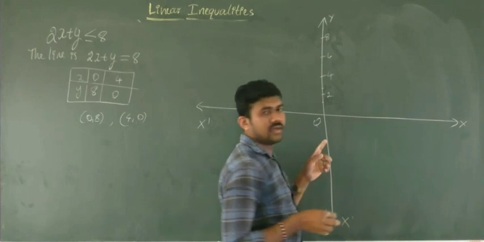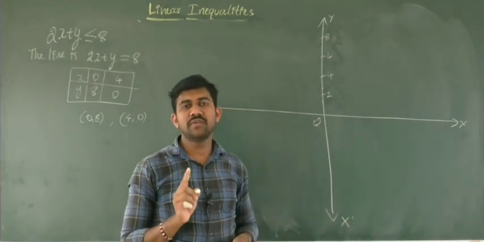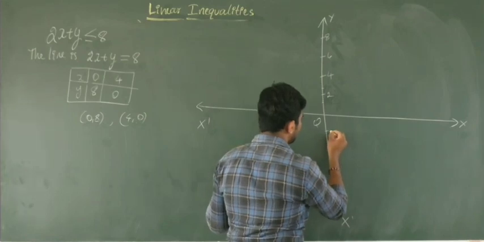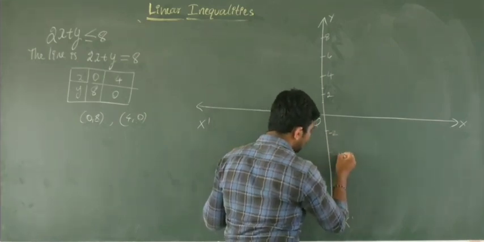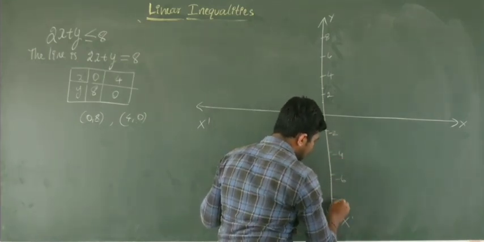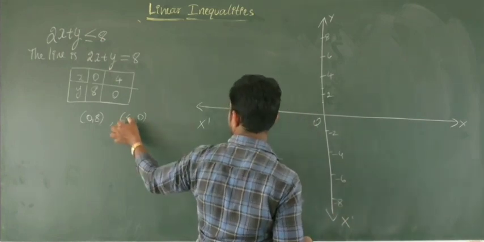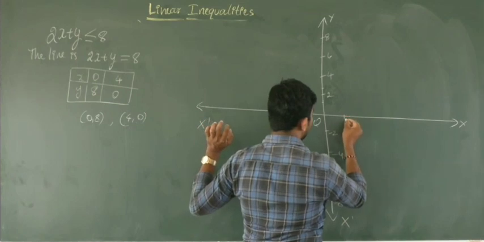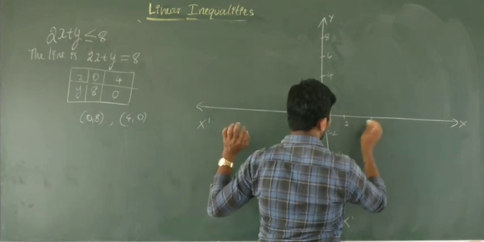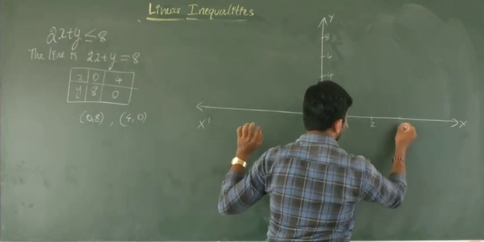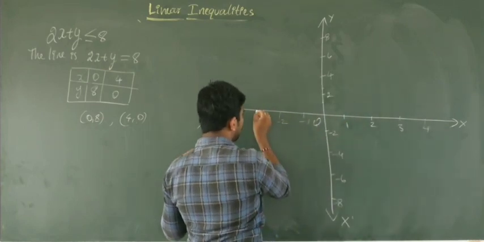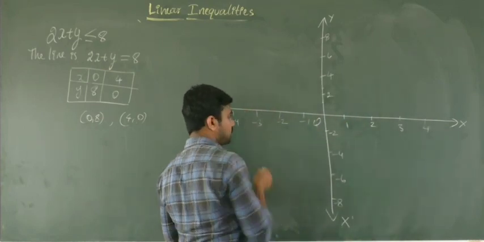Okay, here on the y axis 1 unit is equal to 2 centimeter, like that. Okay, so -2, -4, -6, -8. Similarly, here till 4 we need, I'll consider here 2, 4, or 1, 2, 3, 4, and -1, -2, -3, -4. Okay.